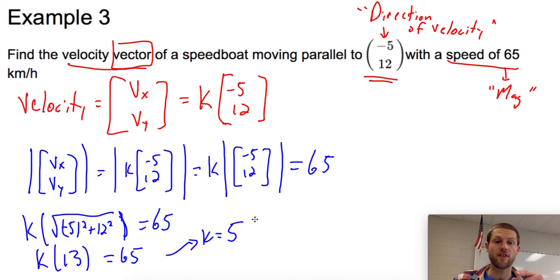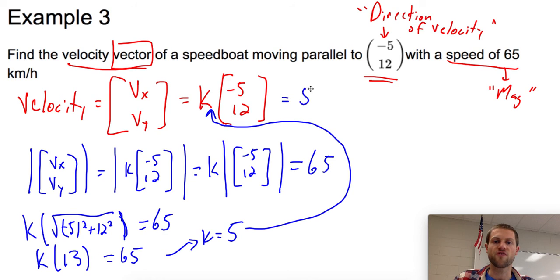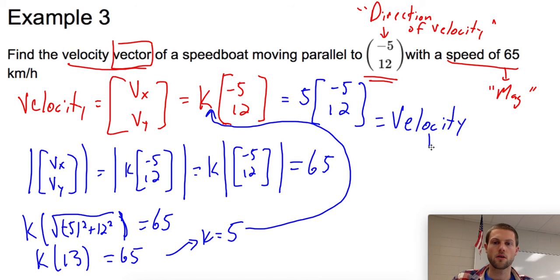So using that fact, we say that the velocity vector must equal 5 times <-5, 12>. What does this mean? This means that our velocity vector is <-25, 60>. That is the velocity vector of my speedboat.